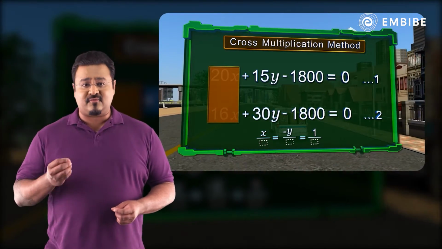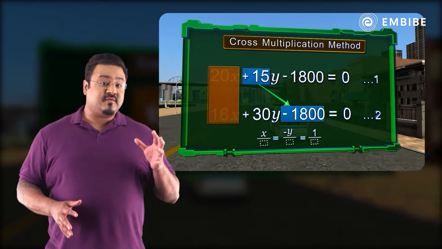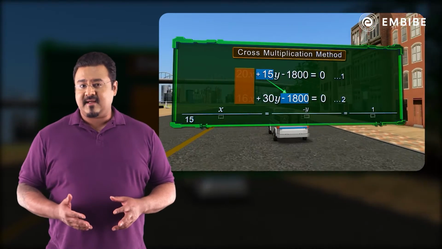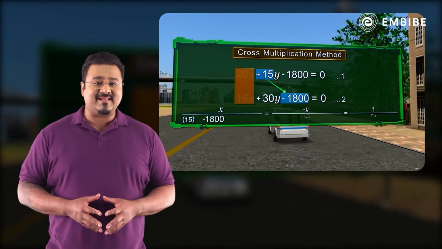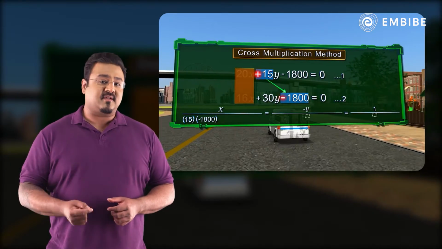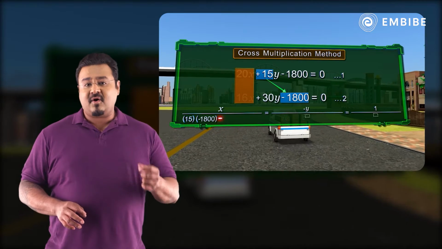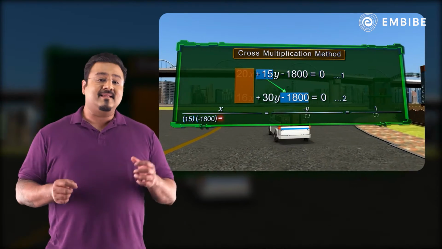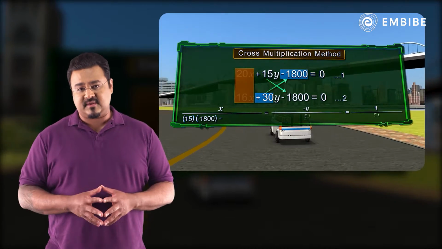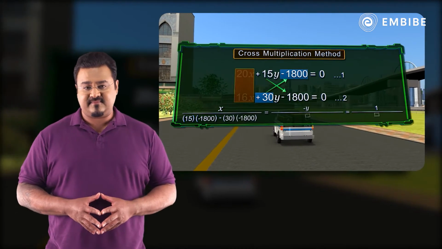Multiply the coefficient of y of the first equation with the constant term of the second equation, 15 multiplied by minus 1,800, taking into consideration the sign of the term, and subtract the algebraic product of the coefficient of y in the second equation and constant term in the first equation, 30 multiplied by minus 1,800.